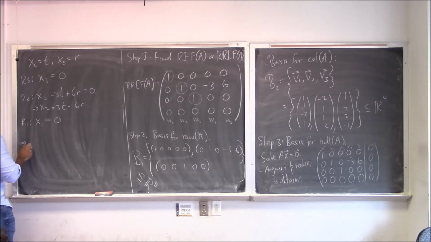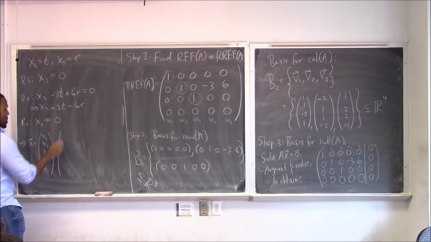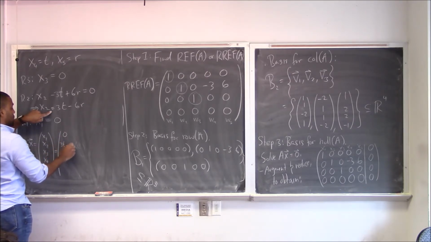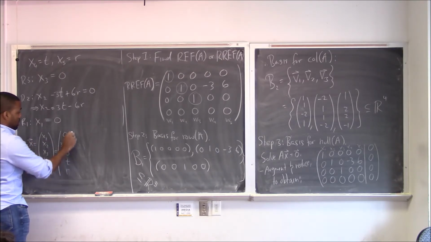So this means the solution is x1 is 0, x2 is 3t minus 6r, x3 is 0, x4 is t, x5 is r.